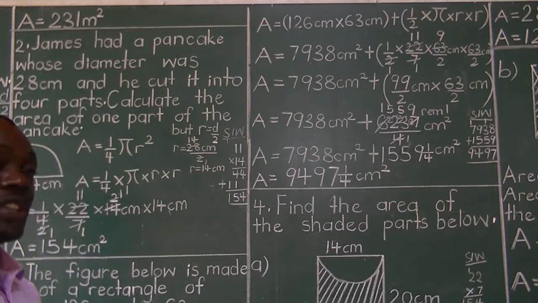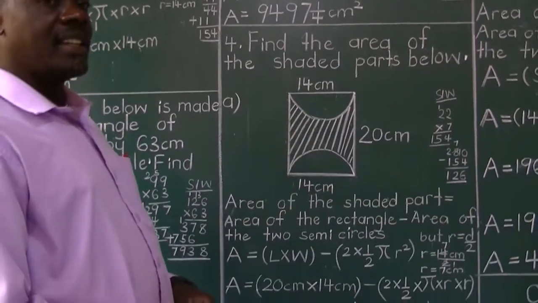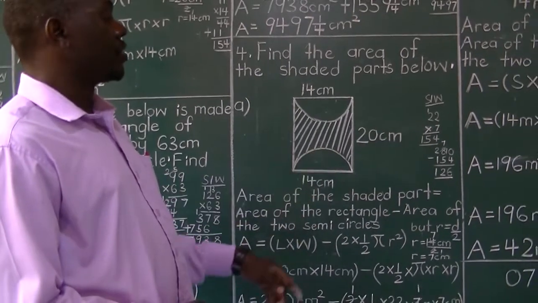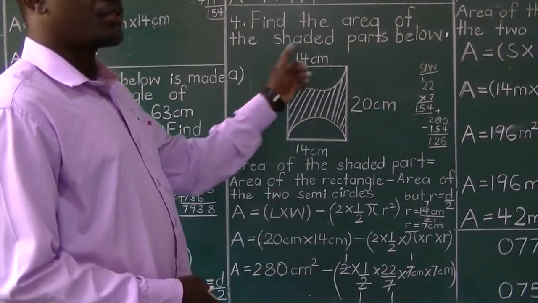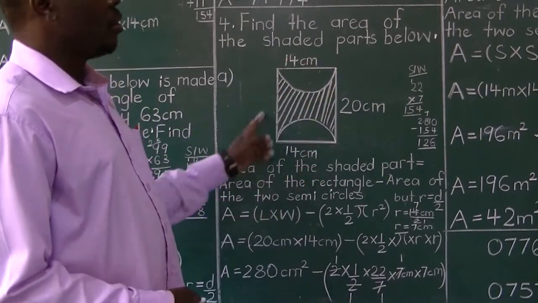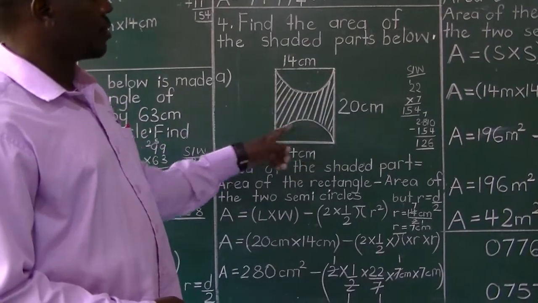And therefore, here area is going to be found by subtraction. Why? These semicircles are inbuilt; they are inside a rectangle. So to get the remaining part that is shaded here, we get the whole region that was originally covered by the whole rectangle, then take off these semicircular ends.